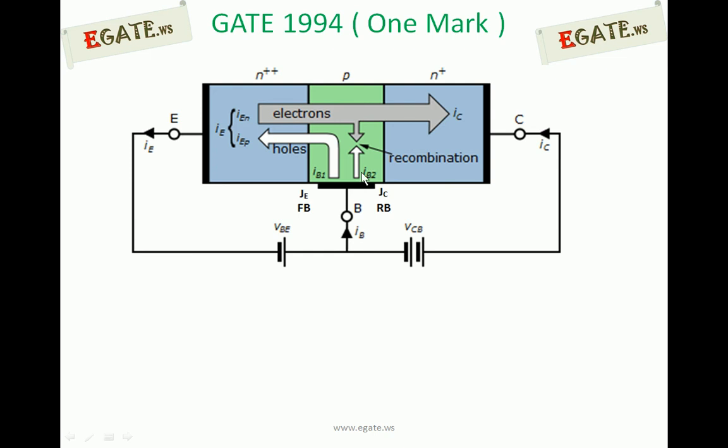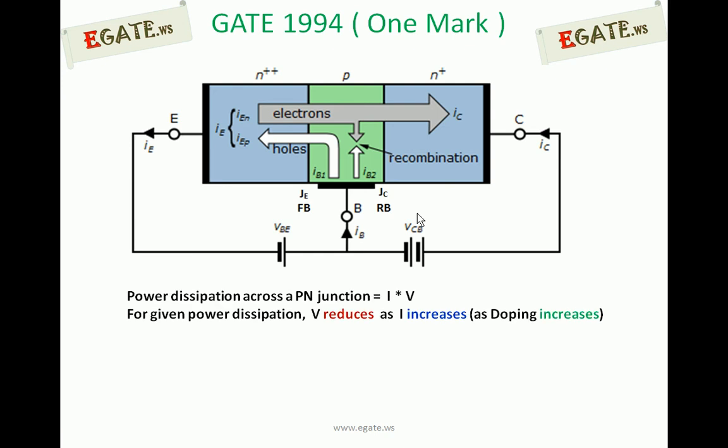So power dissipation across the collector base junction is going to be large. Whenever we say power dissipation, it is related to the collector base junction, that is IC into VCB, or we can say IC into VCE. Both are almost the same, differing only by 0.7 volts.